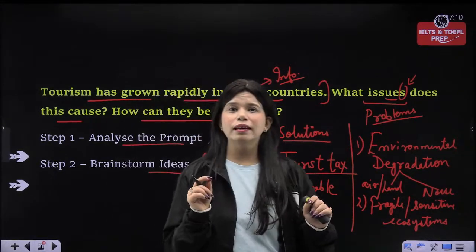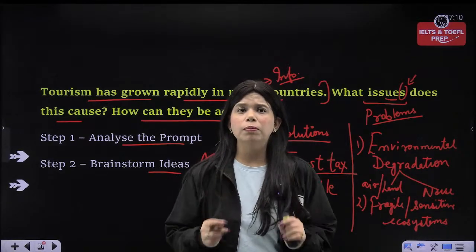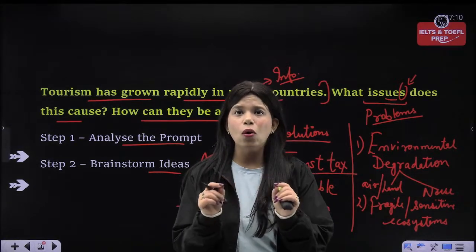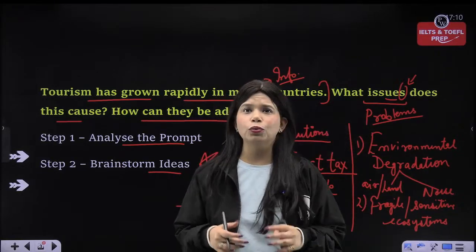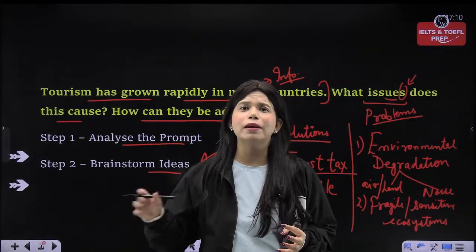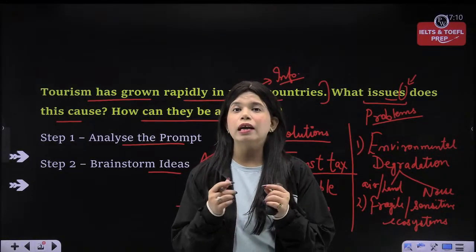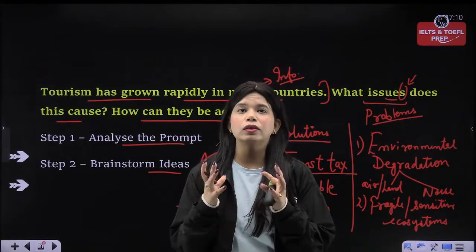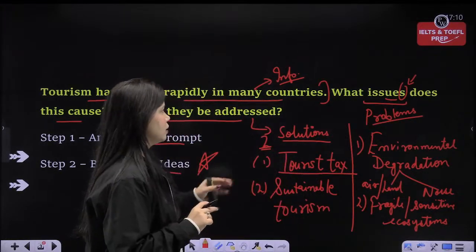Also, why did I say that it's important to analyze and understand the question? Because in problem solution essay, there's no guarantee that they'll always ask issues and solutions. They can ask some random third thing, they can ask reasons also. So you better understand what exactly is being asked and generate ideas around that. Okay, that is something you need to understand.